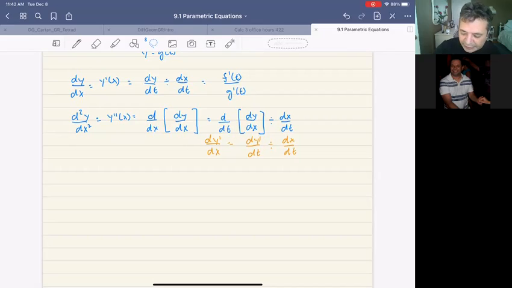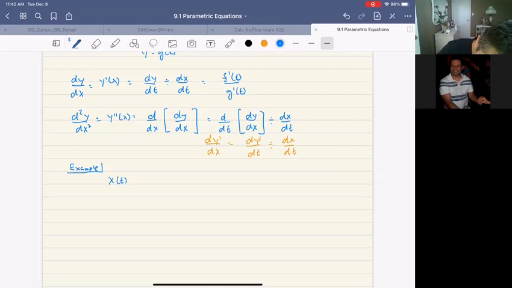Now let's go ahead and do this for an example. Let's start with our circle. Let x of t be cosine t, and y of t be sine of t.